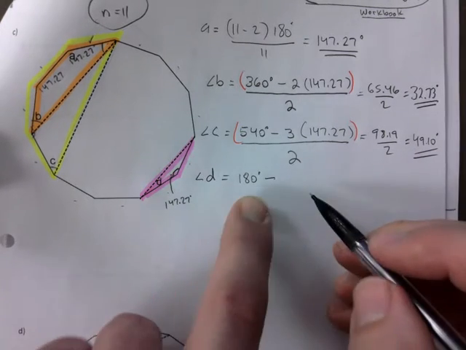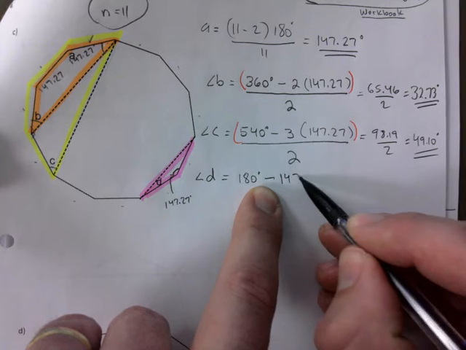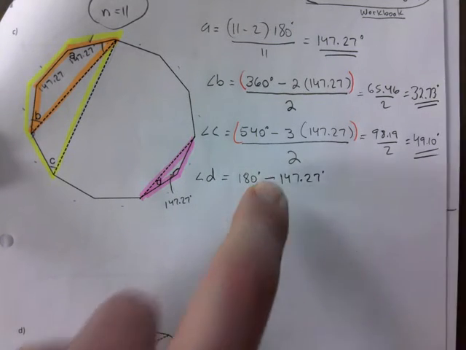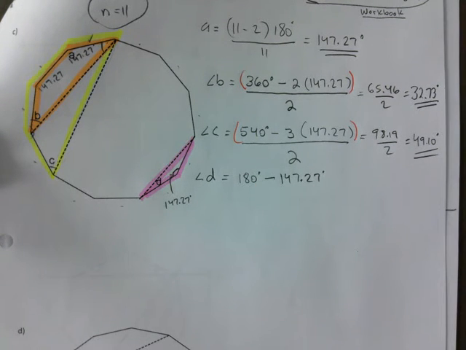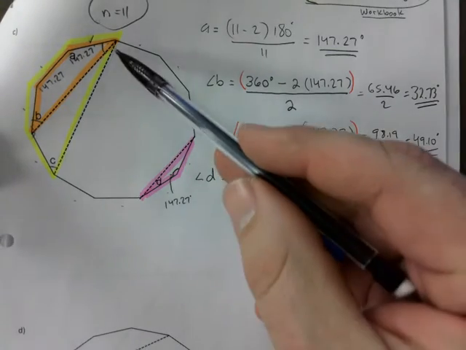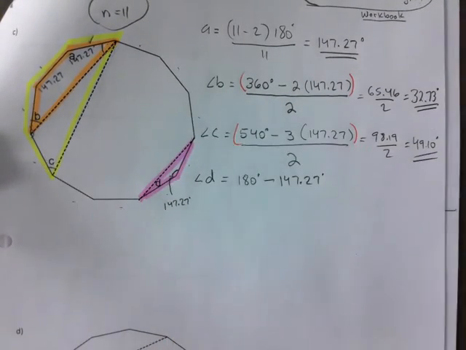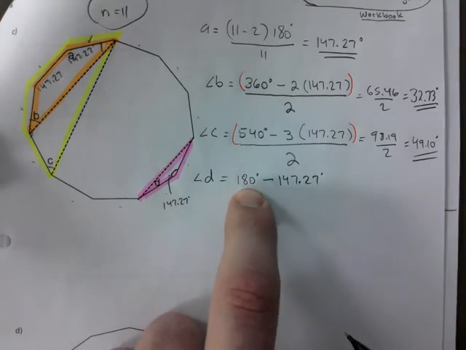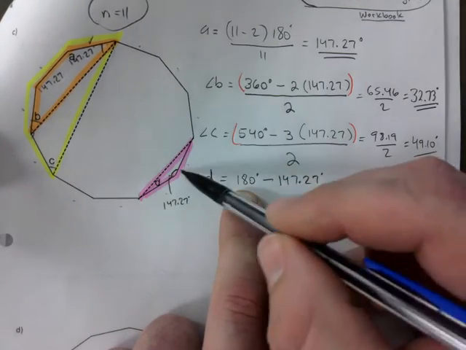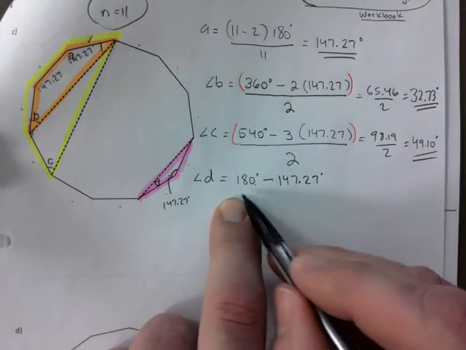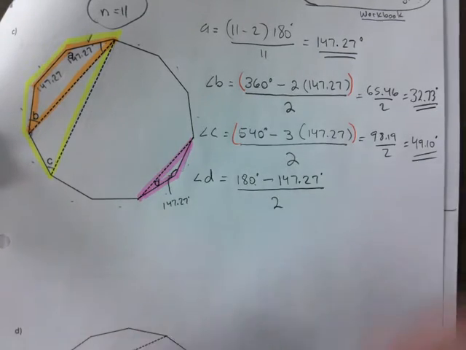This goes on; I stop at pentagon, but you could go hexagon, heptagon, whatever this diagonal creates. That's the sum that I want. In this case, it created a triangle, that's why I start with 180, divided by 2.